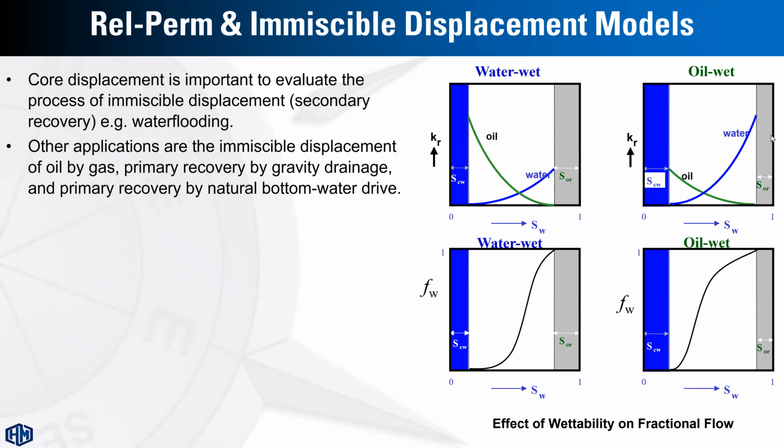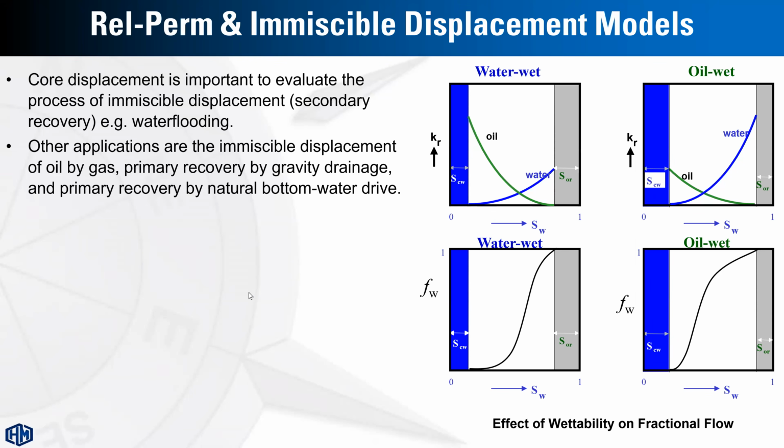So, applications of relative permeability data: immiscible displacement calculations for the design of water flooding applications, and immiscible displacement like gas injection or water injection and so on.